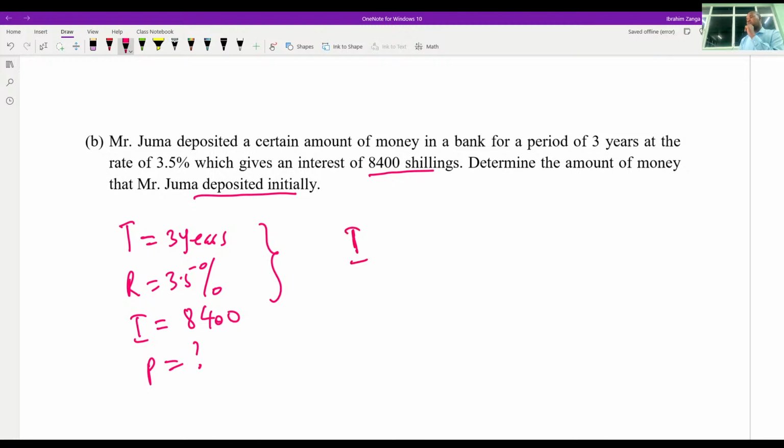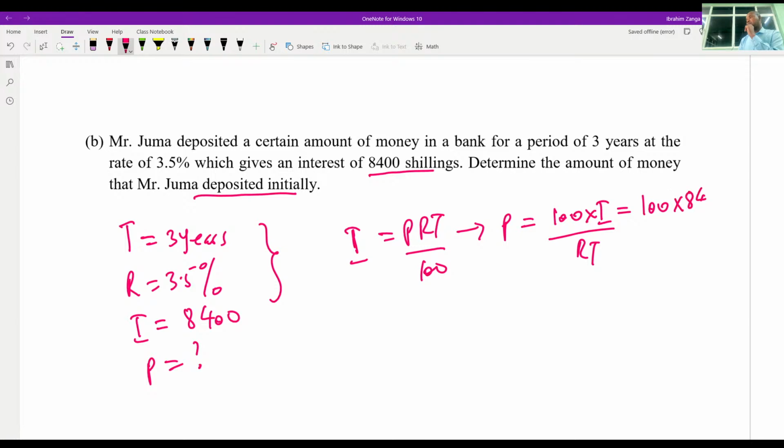So interest is PRT over 100. We are looking for the principal. We'll be taking 100 times interest divided by RT. So we'll be taking 100 times 8,400 divided by 3.5 times T, and T is 3.